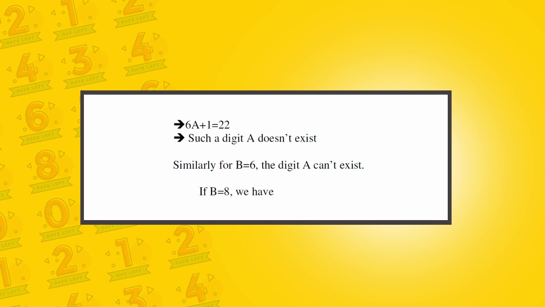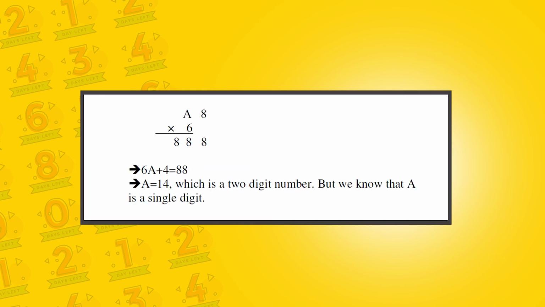So, finally, if B is equal to 8, we have A8 multiplied by 6 giving rise to 888. Then we have 6A plus 4 is equal to 88, which implies A is equal to 14, which is a 2-digit number, and hence it is not possible.